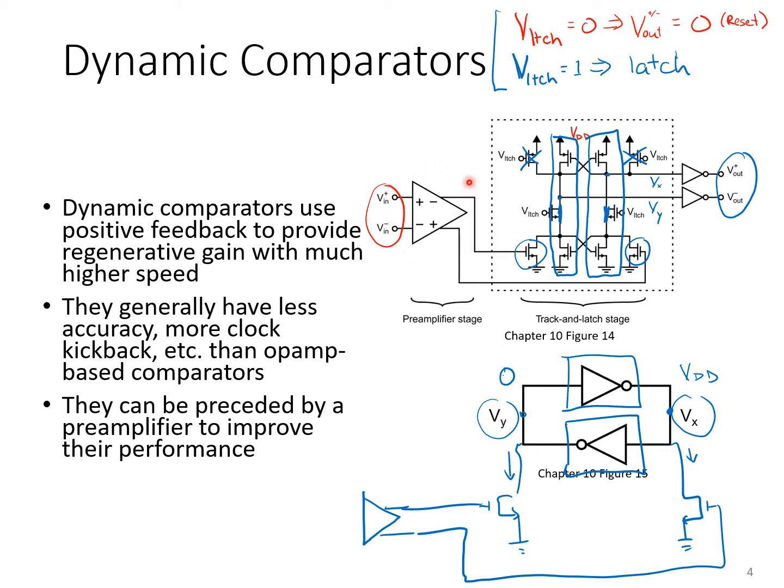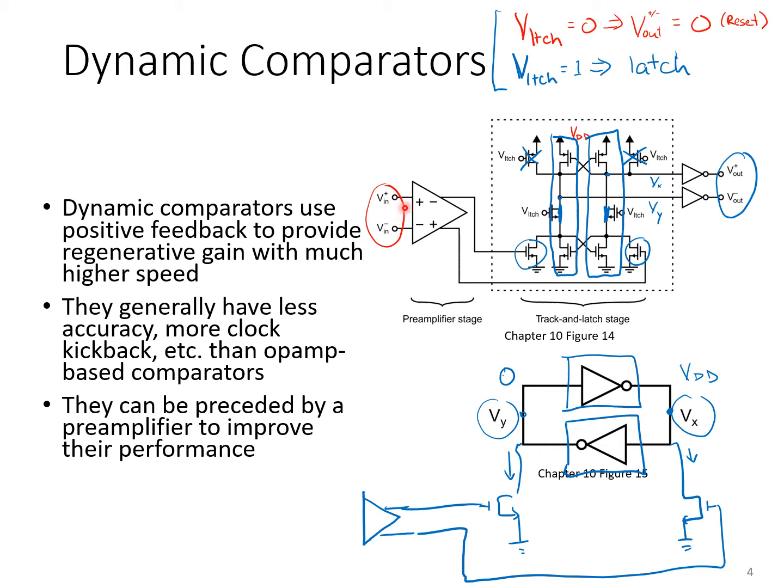The preamplifier here need not be complicated. It's typically a simple differential amplifier with a modest gain, say a gain anywhere from 1 to 5 or so volts per volt. And because the gain requirements are not too severe, it can be operated at relatively high speed.